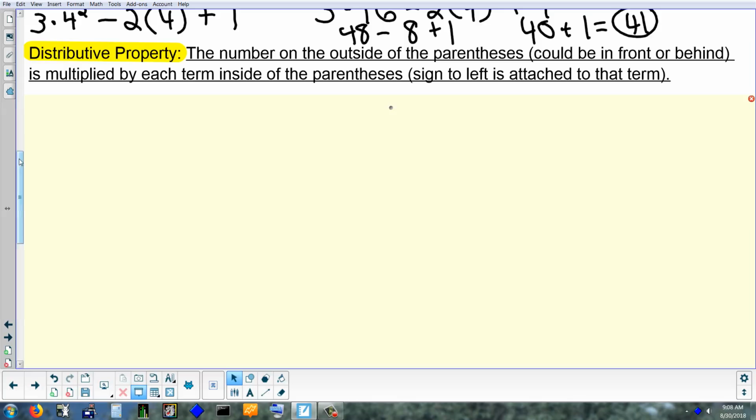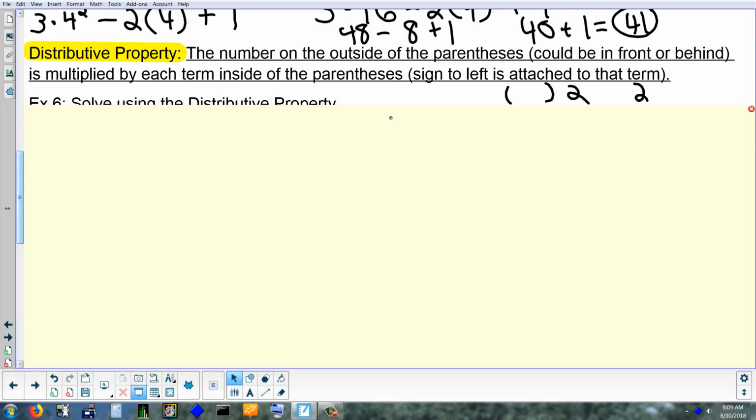So for the distributive property, the number on the outside of the parentheses, again, there are some cases where the number every once in a great while might be at the end. It might be like I'm going to have parentheses, and then I have a 2 here, and nothing in front. Every once in a great while we'll see it.